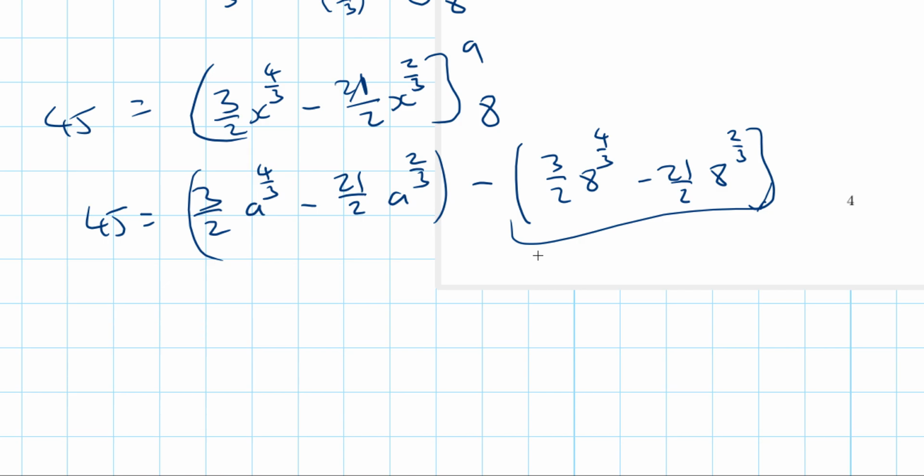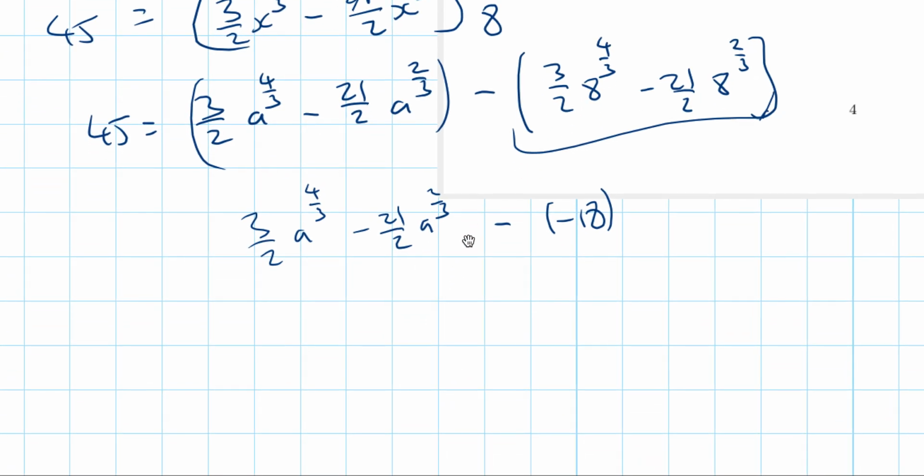So 3 over 2 8 to the power 4 over 3 minus 21 over 2 8 to the power of 2 over 3, and plugging that into our calculator gives us minus 18. So it's going to be 3 over 2 a^(4/3) minus 21 over 2 a^(2/3) minus 18.